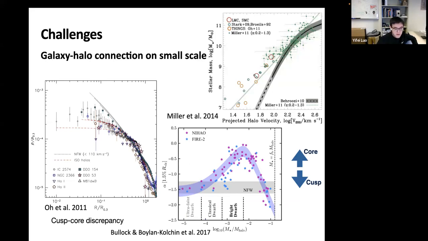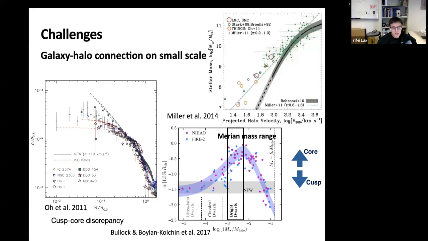There is a really good review by James Bullock and collaborators in 2017 about a bunch of challenges on dwarf galaxies for lambda CDM. To give you a rough idea, this is the so-called cusp-core discrepancy as a function of the stellar mass to halo mass ratio.